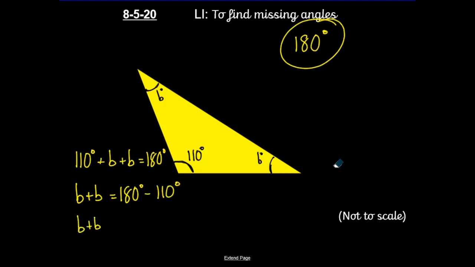So B plus B is equal to 70 degrees, which means if I'm going to divide this between two B's, 1B must equal 35 degrees, and there is my answer. Both of those angles are equal to 35 degrees each. Add them up, check your work. If you add them all together, it should equal 180.